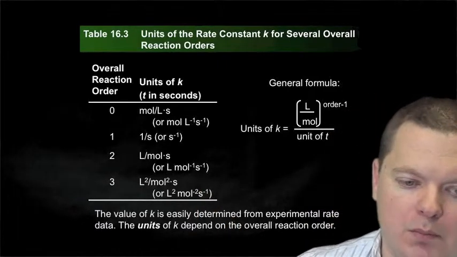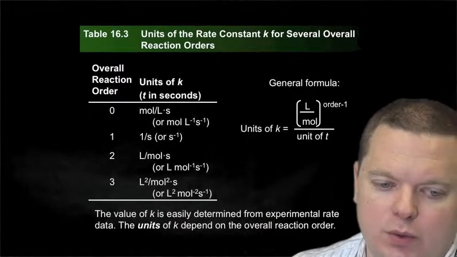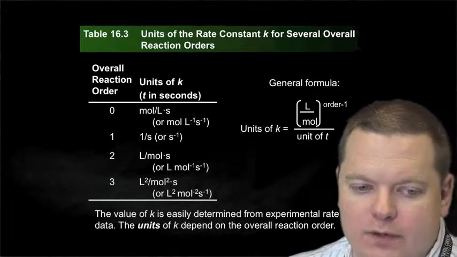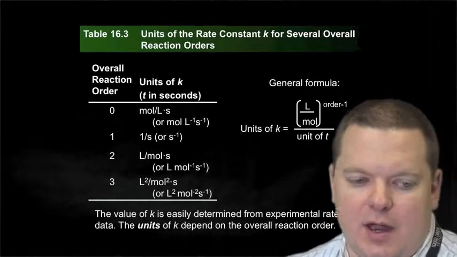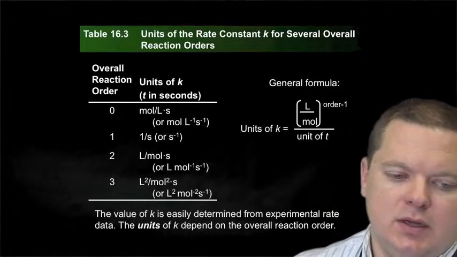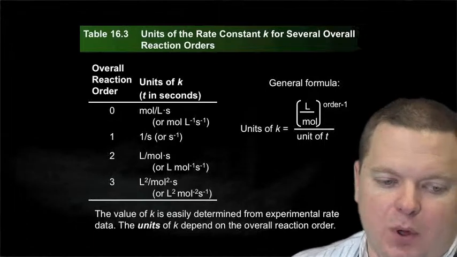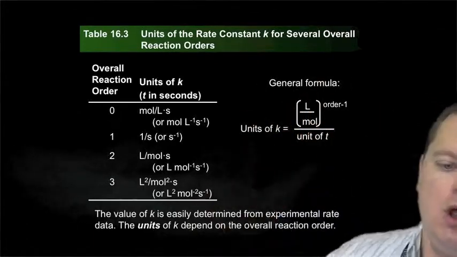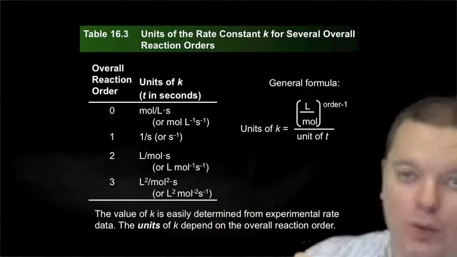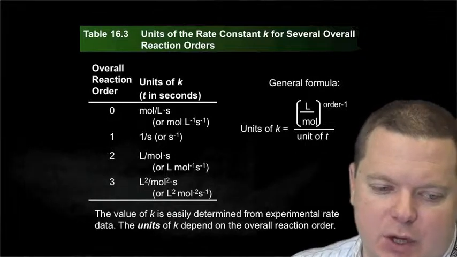For first order, the moles are going to cancel out, so we're going to get 1 over seconds. Second order, we get liters divided by moles times seconds. And third order, liters squared divided by moles squared times seconds. But all of them are going to follow this general form where we take liters divided by moles to the order minus 1, divided by some unit of time.